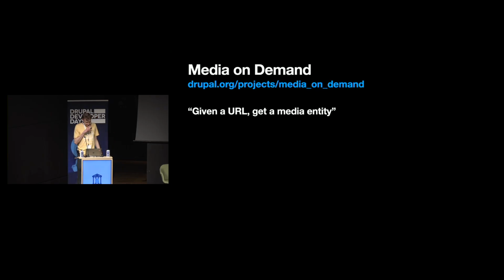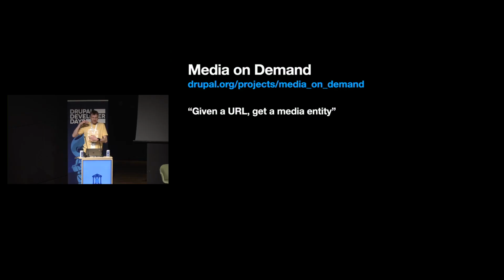The first one is the media on demand module, and the remit of this module is really, I have a URL. Go away, download that, get me a media entity. So it facilitates anywhere we come across ad hoc data, ad hoc reference to an image.